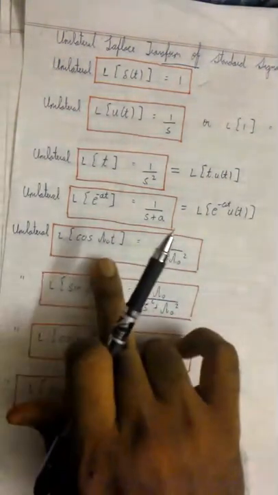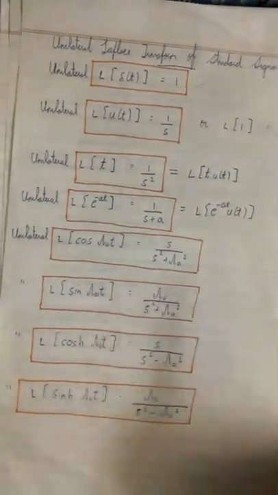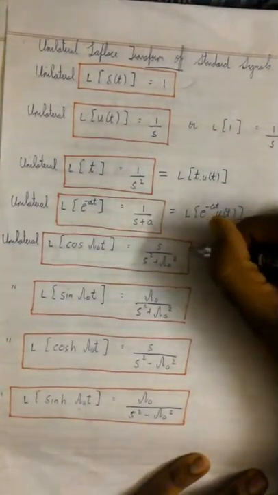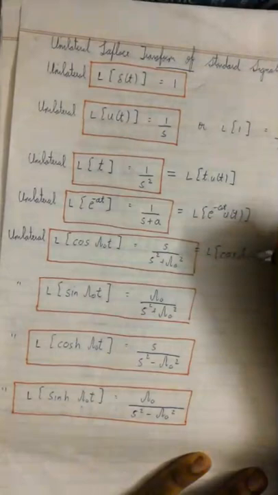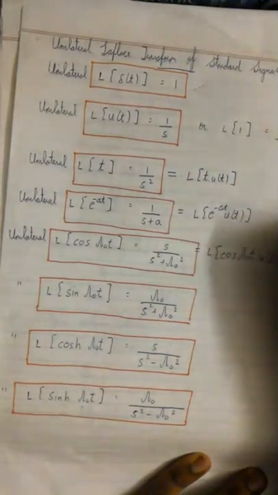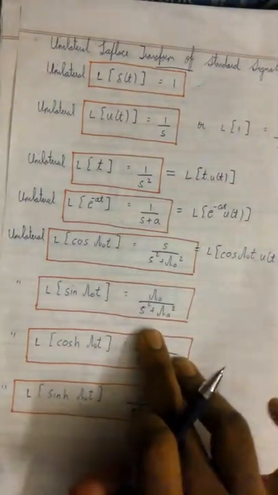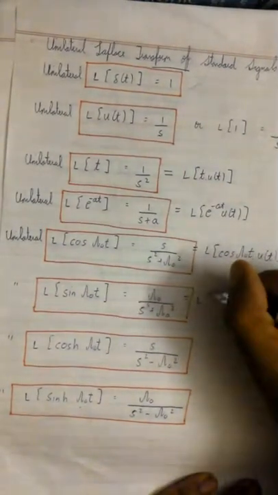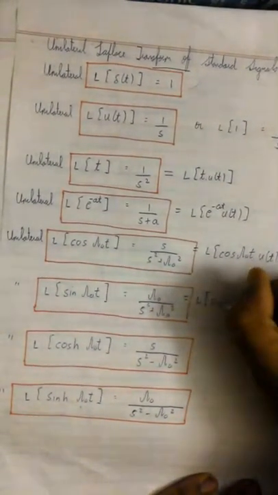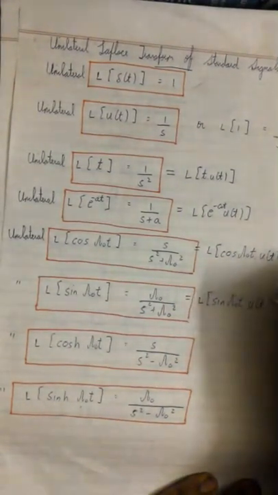Here also the Laplace transform of cos ohm 0 t is equal to s by s square plus ohm 0 square, or in other words, this is also the Laplace transform of cos ohm 0 t into u of t. Here the Laplace transform of sin ohm 0 t is equal to ohm 0 by s square plus ohm 0 square, or in other words, this is also the normal Laplace transform of sin ohm 0 t into u of t.